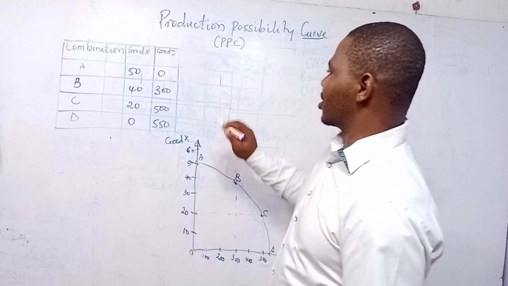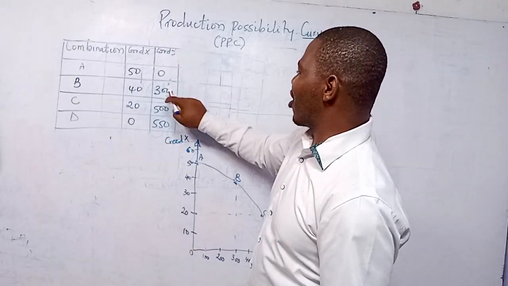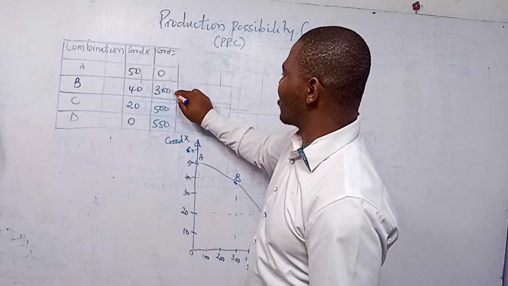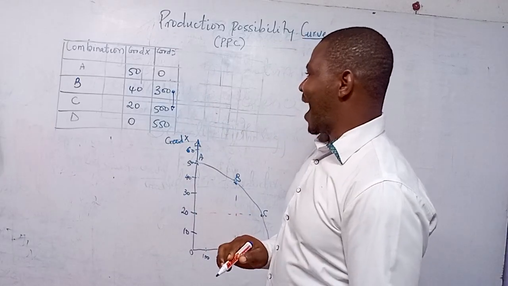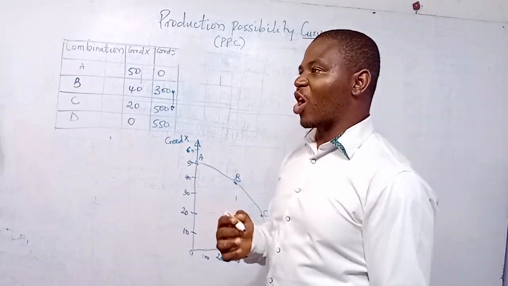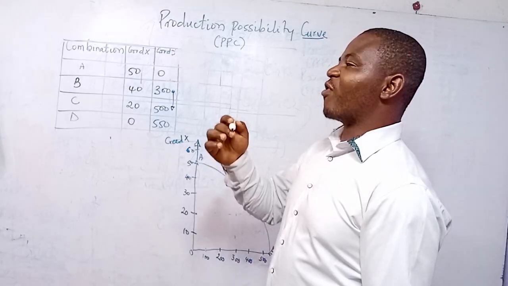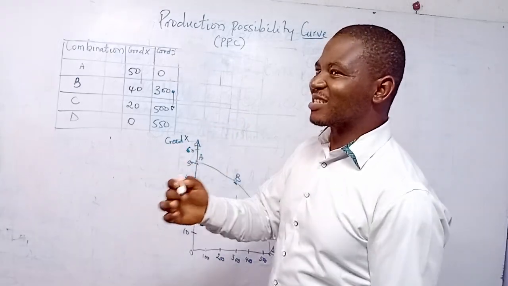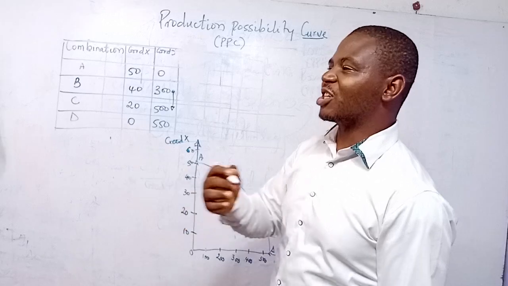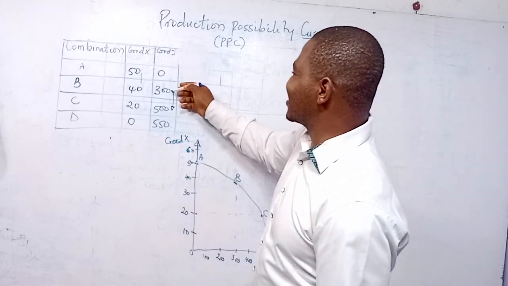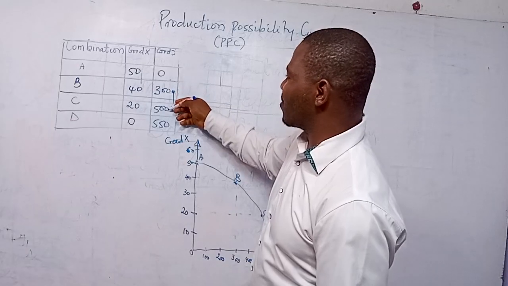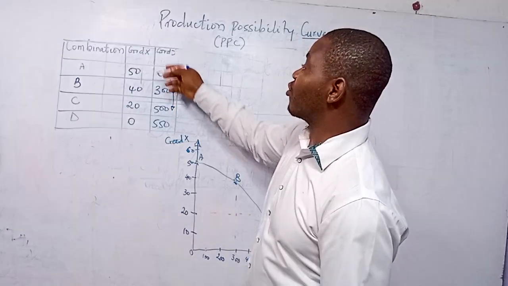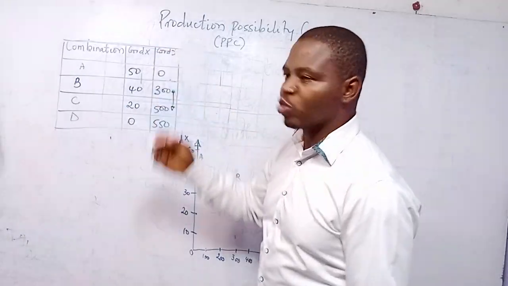I'll use the schedule. Here, I'll simply say 300 to 500, meaning I'm moving from here to this point here, right? And I've told you that opportunity cost is the forgone, the number of units of the other commodity you have forgone. You have increased good Y from 300 to 500, but how many units of good X did you lose?